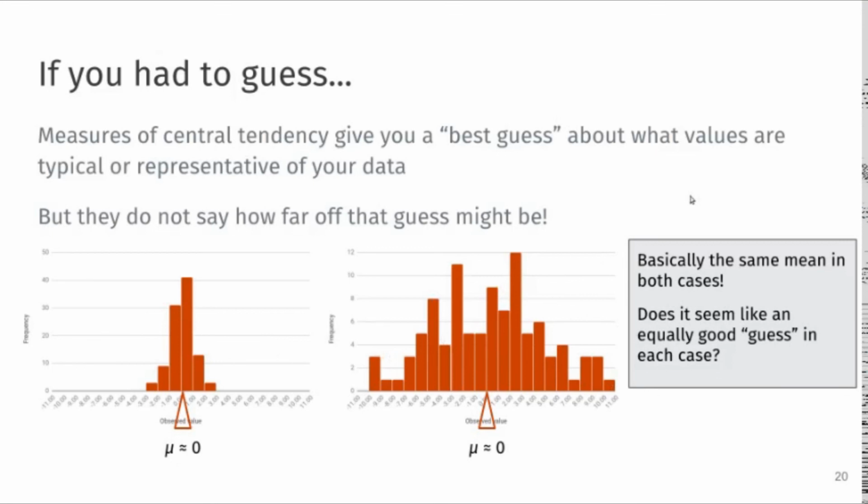The mean is still 0, but is that an equally good guess in this situation relative to the situation on the left? Well, I think you will agree that no. In this case, we're liable to be much farther off with our best guess in the right scenario than we are in the left.